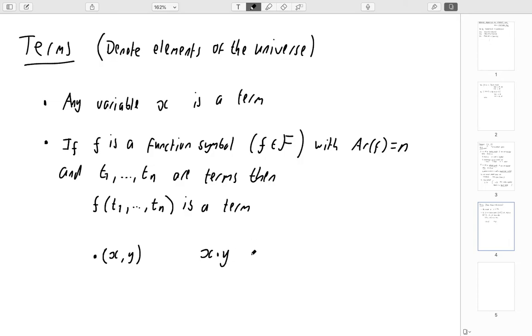So this is a term according to the above rules because x is a term, y is a term, and then this is the term that's built from x and y as t1 and t2 by applying the multiplication symbol to it. And also 0 is a term. So this is in the second example. So that's right.